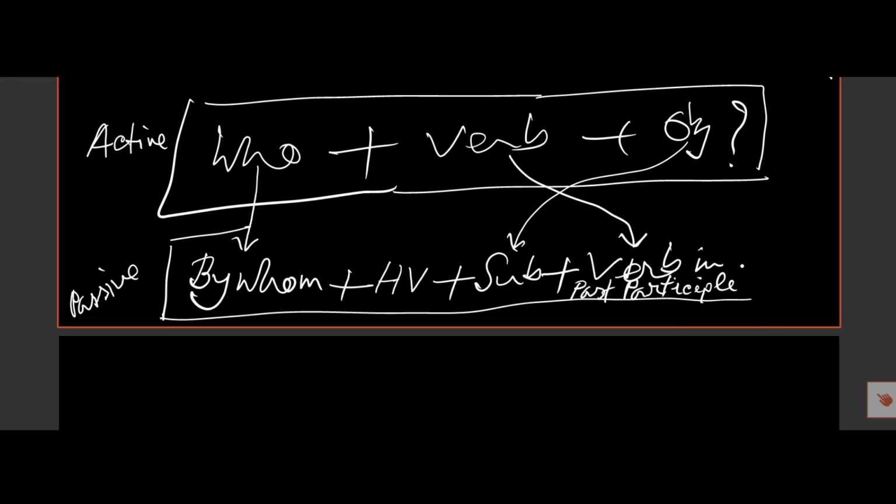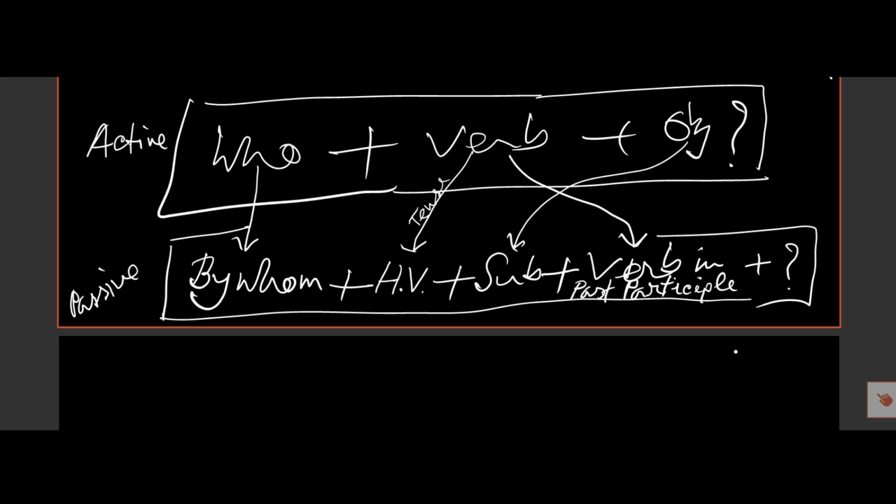I repeat, if the active voice begins with who, then we must begin with by whom. Then the helping verb will be put here according to the verb tense, then the object will be the subject, then the verb will be the past participle.